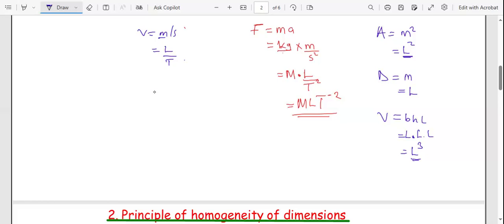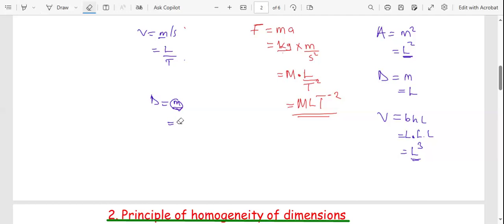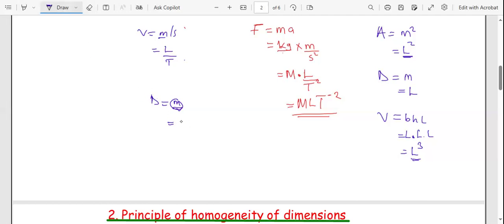What other dimensions can I talk about? Let's say density. All right. Density we know is measured in mass over volume. This volume should be cubed, and the mass should be just in kg. So the dimension for mass is not kg, but capital letter M. Then for the volume, it is always measured in meter cubed, centimeter cubed.